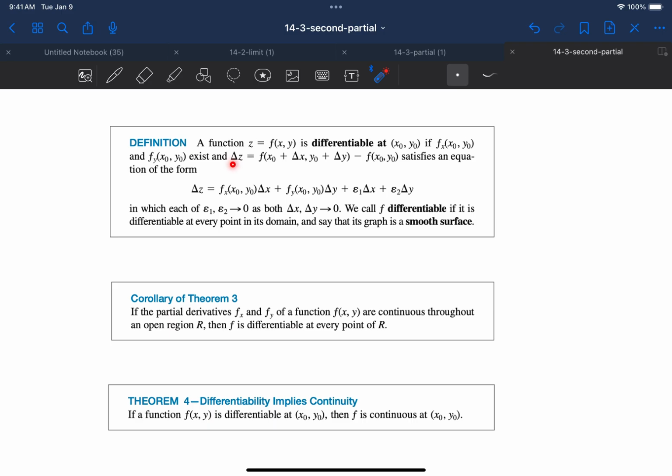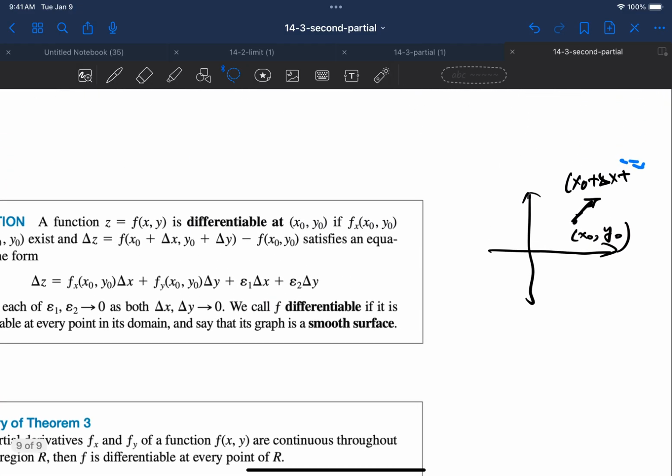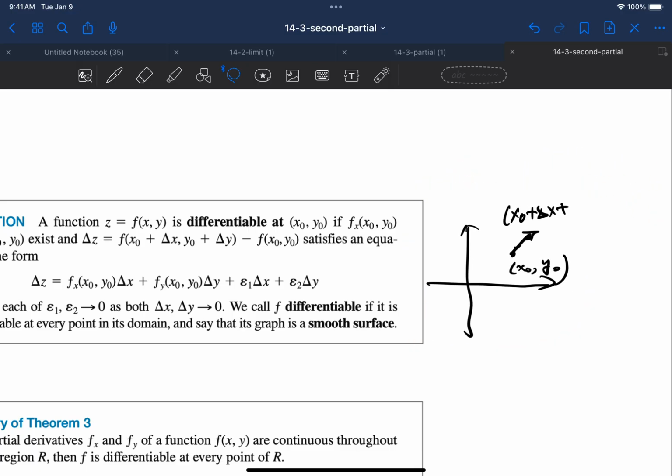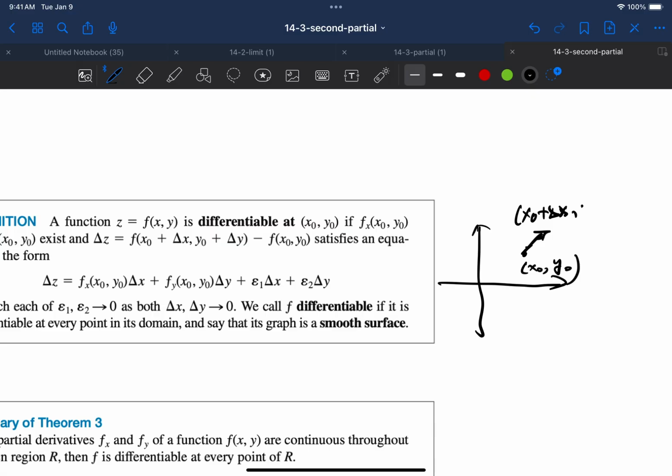And the difference, delta z, where delta stands for change in value, is basically this difference. So you can think of the plane, right? Suppose this is your target point, x0, y0, and you move a little bit, in the x coordinate we take delta x, and in the y coordinate we take delta y.